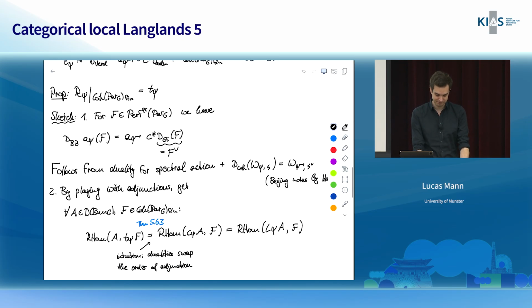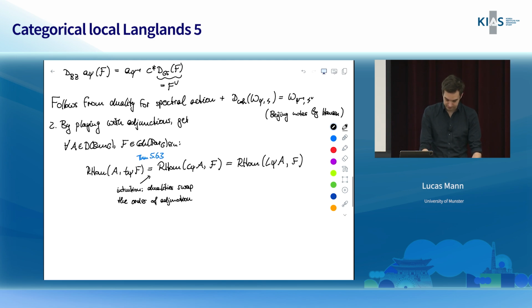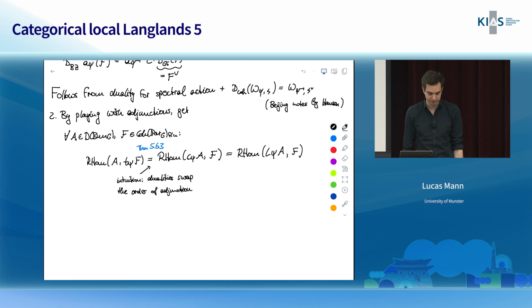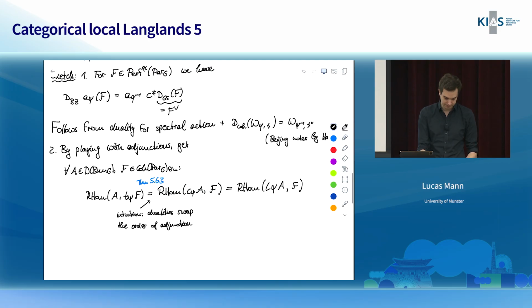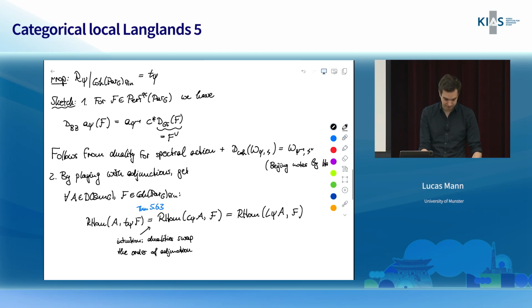But this F is coherent and hence bounded, and on the bounded part, QCO and INTCO don't do the same thing, so this doesn't matter. But this is really what we wanted, right? Because now we have the L psi on the left, and we have the T psi on the right, and so this proves, because R psi was by definition the right adjoint of A psi, that T psi is the right adjoint of A psi, at least on Perf G fin, which is exactly what I wanted to show.